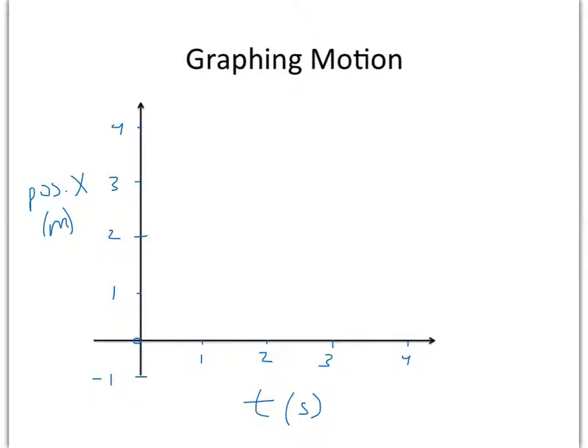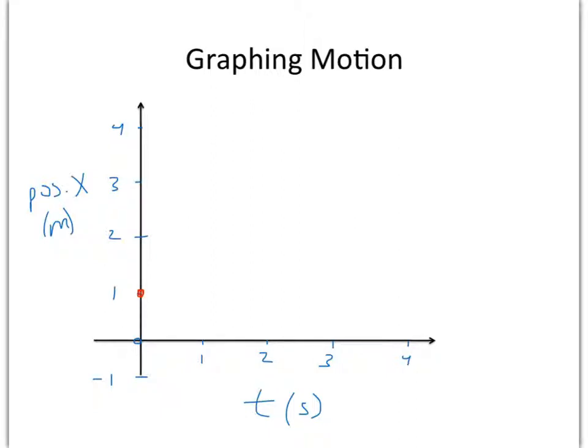So if we plot x versus t, the x on the y-axis and t on the horizontal axis, what do we get? Well, look back at the previous slide. At time equals 0 seconds, when time starts, the object is at the position of 1 meter.